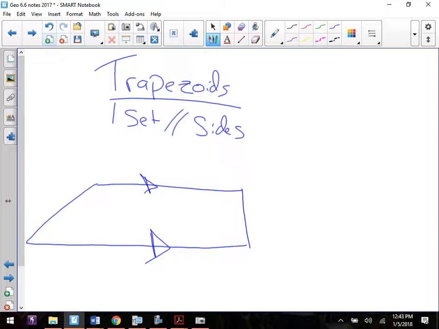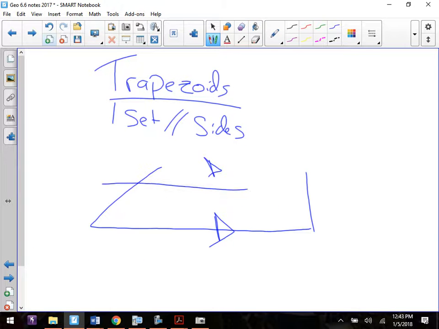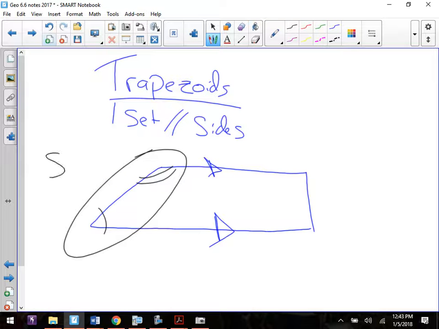So, what happens a lot of times with trapezoids is that since you have parallel lines, you've got a transversal. These two angles on this side are always supplementary.